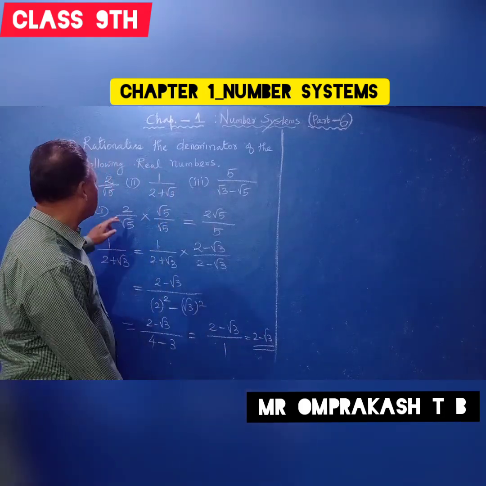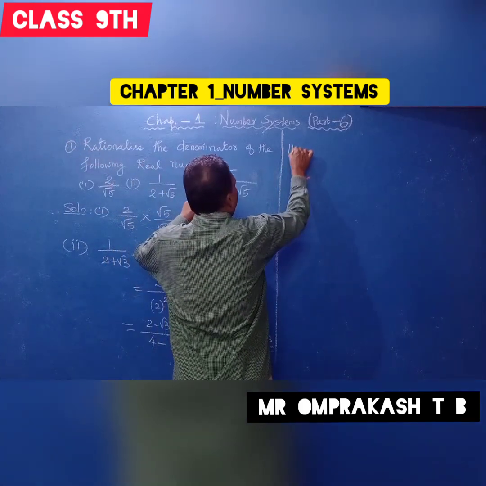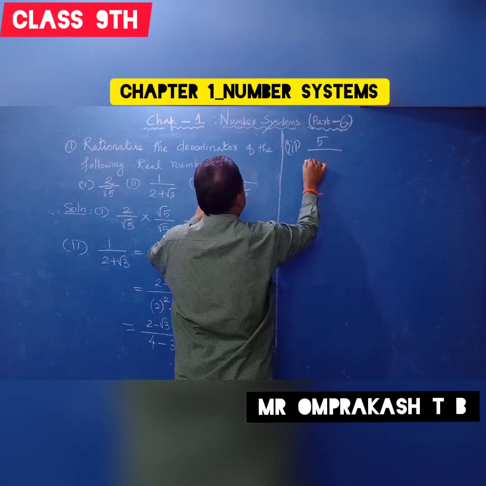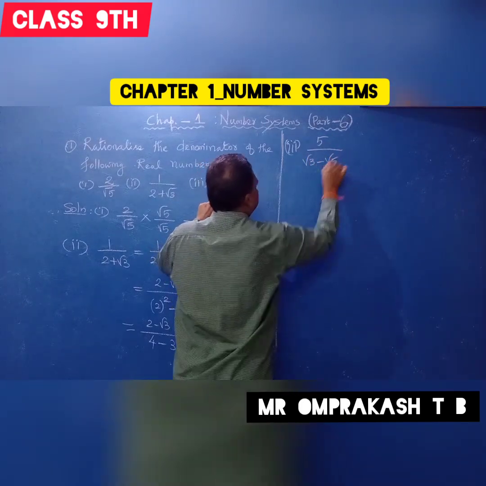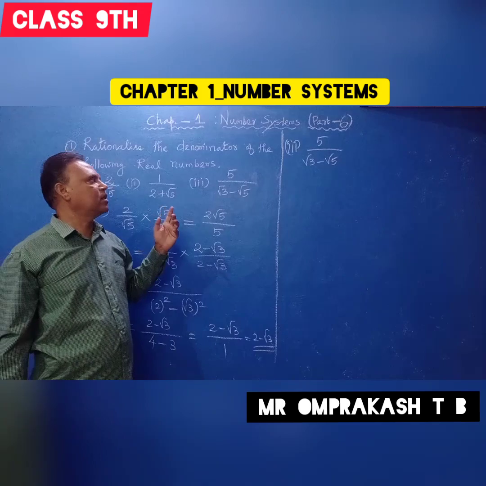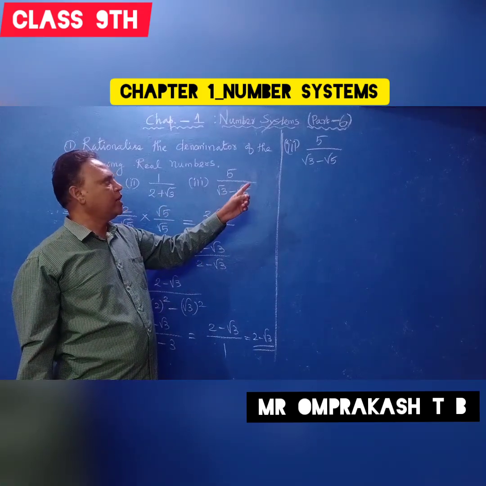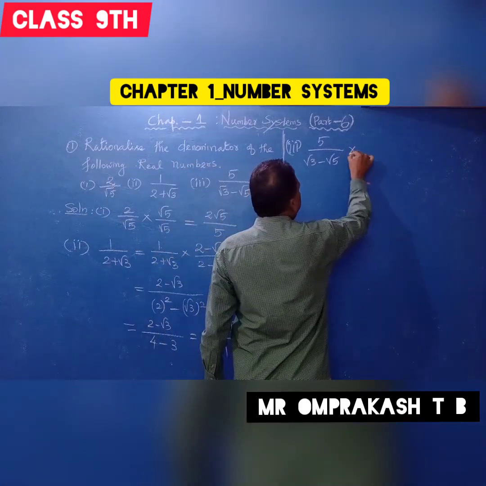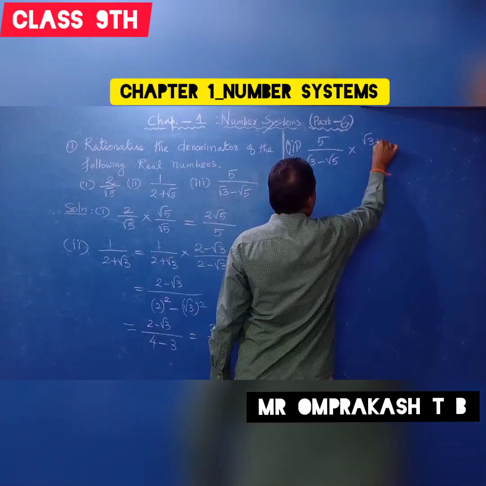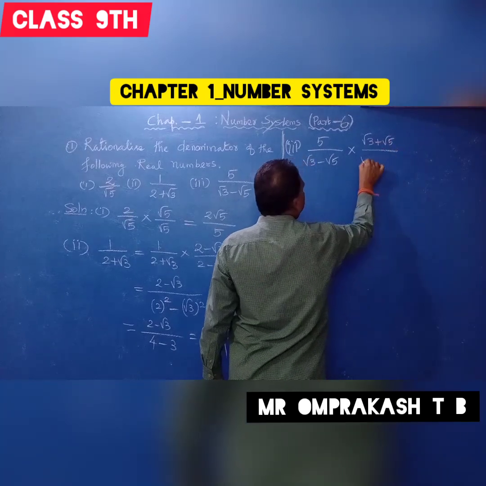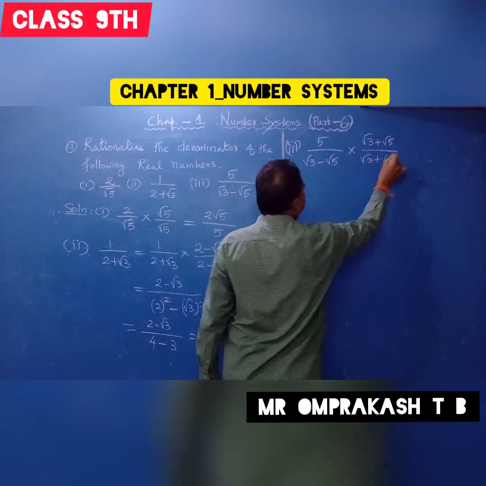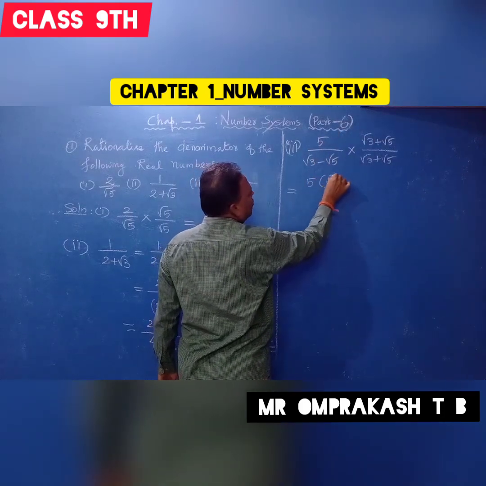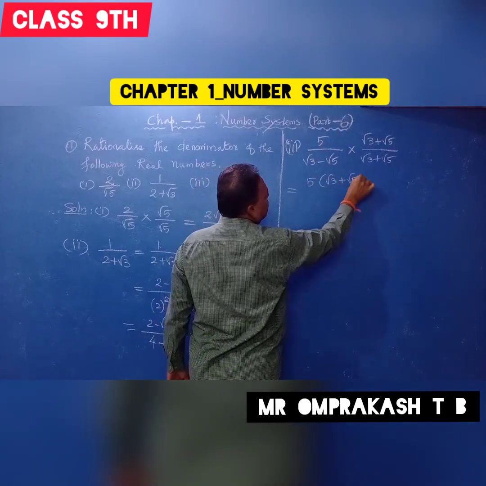Now the third one: 5 by root 3 minus root 5. What is the conjugate here? Root 3 plus root 5. Multiply both numerator and denominator by root 3 plus root 5. The numerator is 5 into root 3 plus root 5.